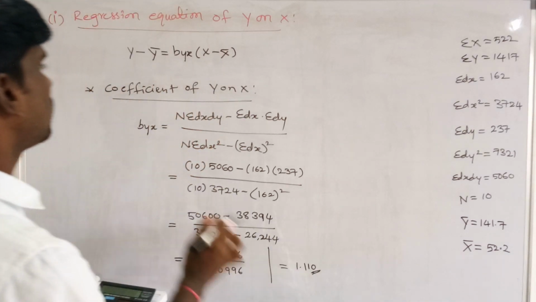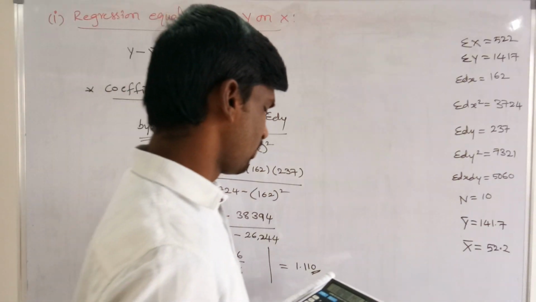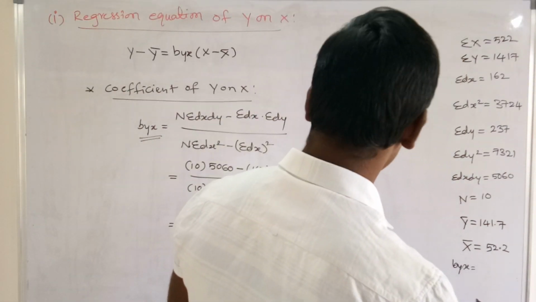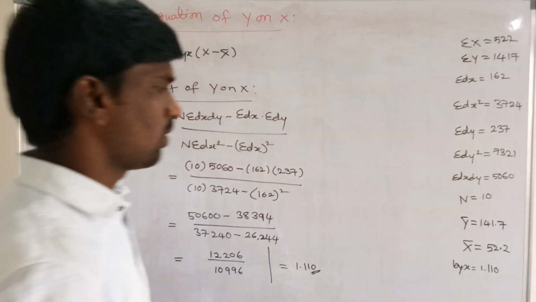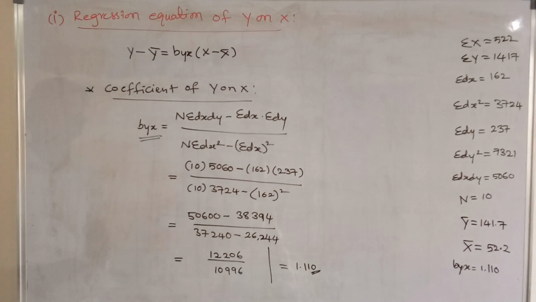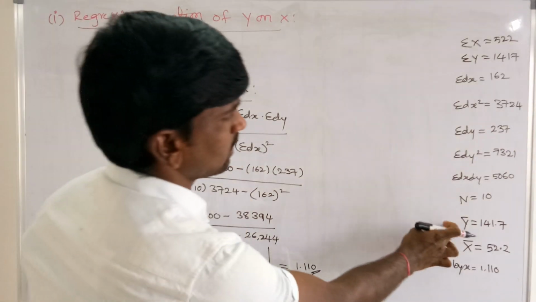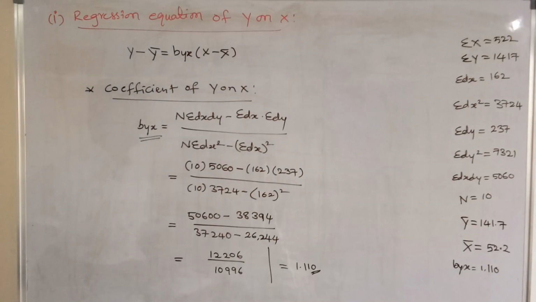The 1.110 is byx, that is the coefficient of y on x. Then from these values we easily find the regression equation of y on x.